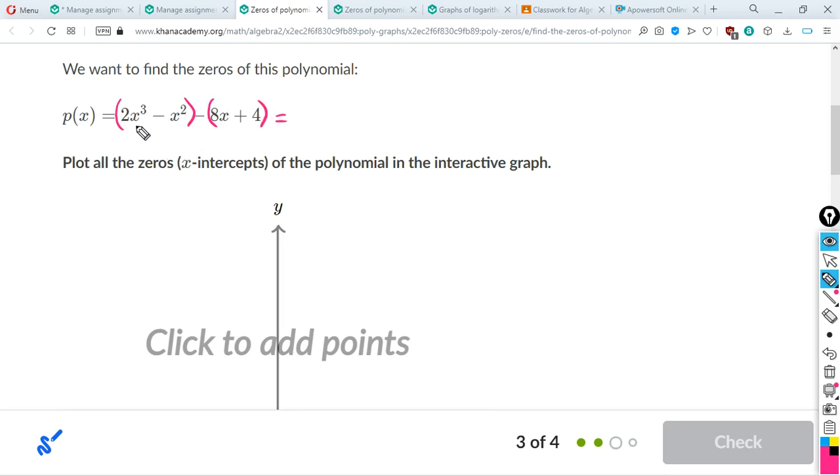Just this part, I can't pull out a 2 because there's no 2 here, but I can pull out an x squared. X squared times what will give us 2x to the third? Well, that's just 2x, because x squared times 2x is 2x to the third. X squared times what is negative x squared? Well, that's just negative 1. All right, we got that part.